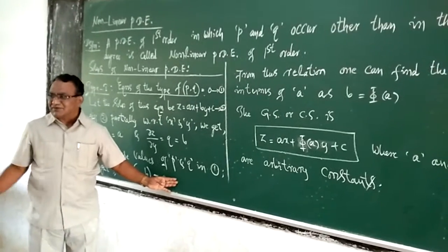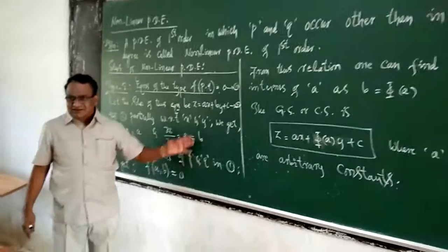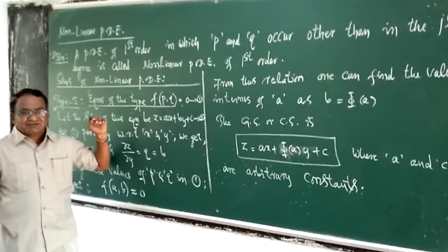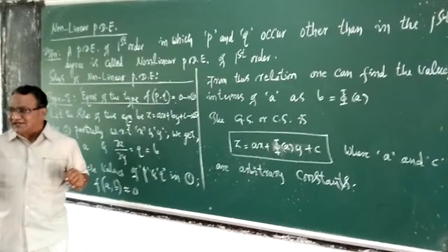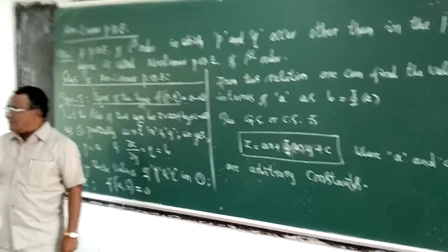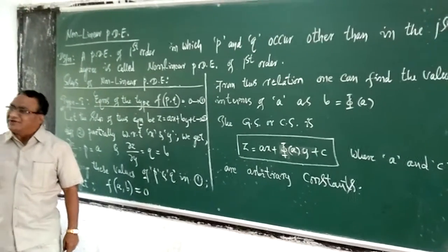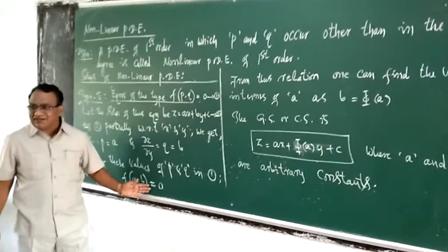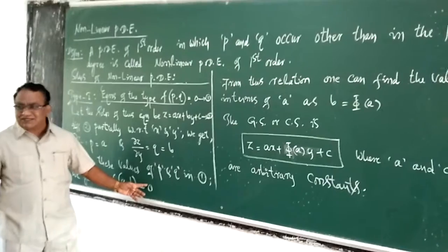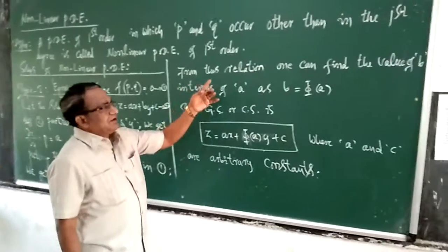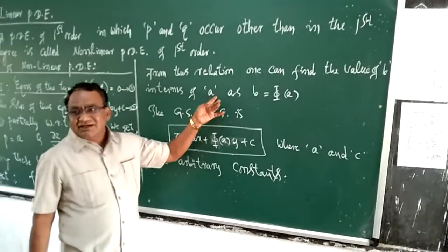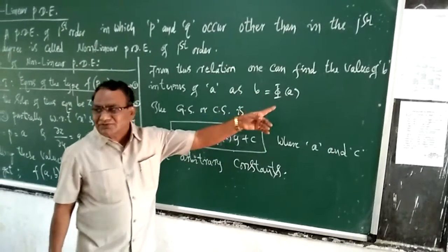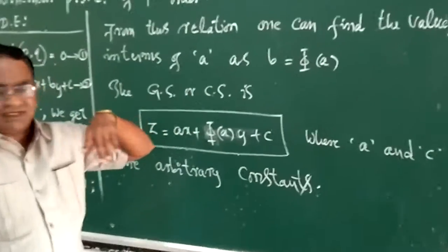Okay, it is very simple. How we are going to get the solution of a differential equation of type 1 is just by replacing p by a and q by b. That's all. From this f of a comma b, from this relation one can obtain b in terms of a as a function of a, as b is equal to phi a.